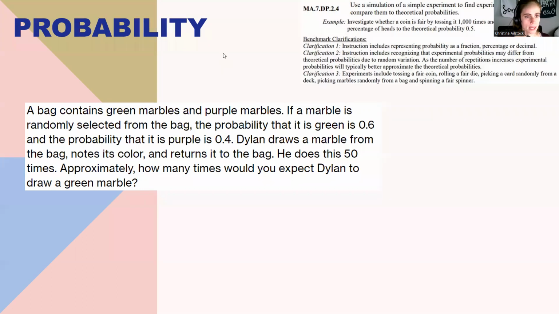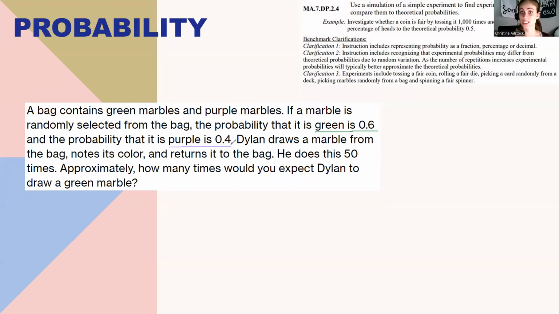All right, as we go back and read through this, we see that the theoretical probability, so remember, theoretical probability is what you expect to happen, of drawing a green is 6/10, and the theoretical probability of it being purple is 4/10, because that's what we expect to happen. But now Dylan actually draws the marble and notates its color. That means he is now performing an experiment.